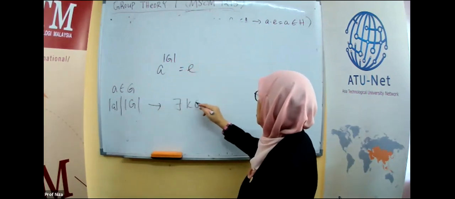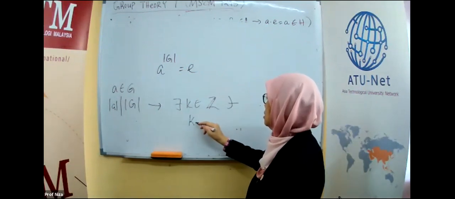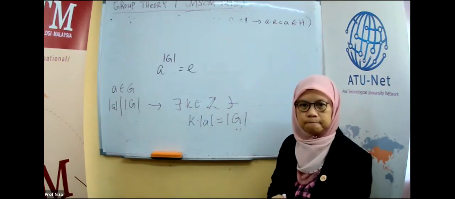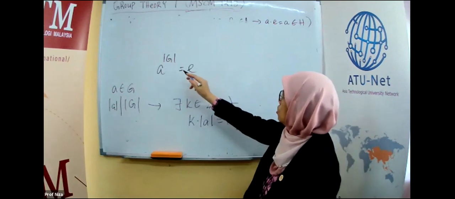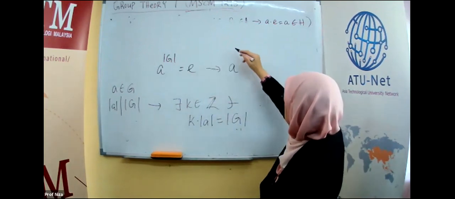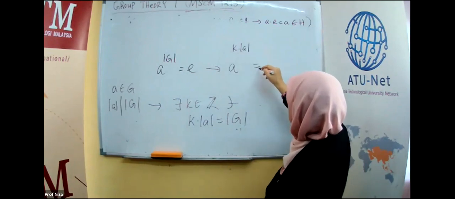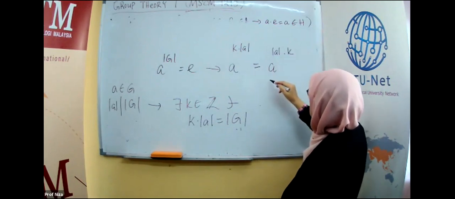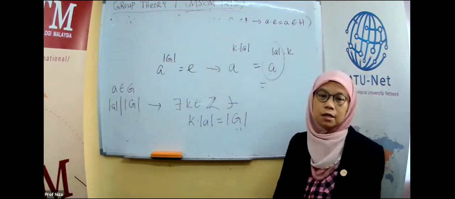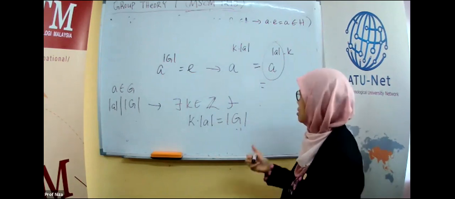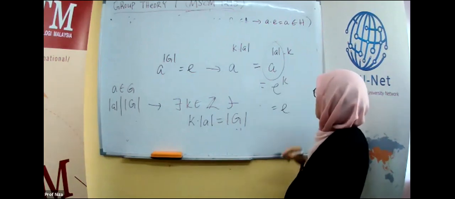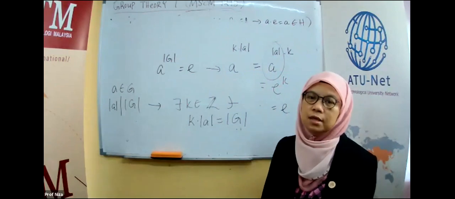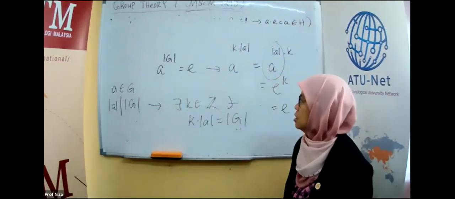There exists an integer k such that k times the order of A is the order of G. So this implies A to the order of G is A to the order of A, to the k. A to the order of A is already identity. So that is why any element to the power of the order of the group is E.